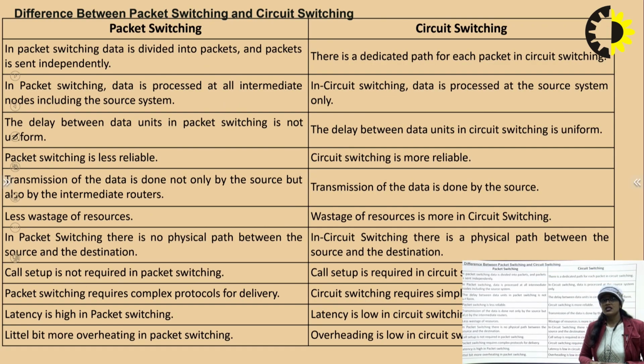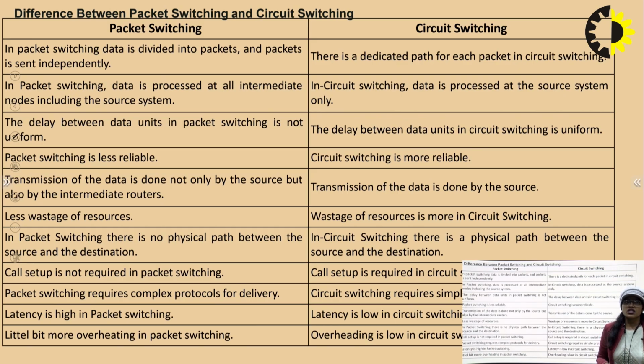So basically these are the kinds of switching, and here we have a table showing the difference between packet switching and circuit switching. In packet switching, your message is divided into smaller parts, and these are called packets. But in circuit switching, there is a dedicated path between the sender and receiver, and no need to divide your information.